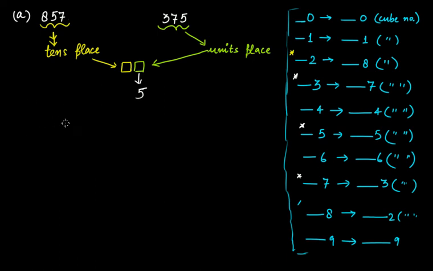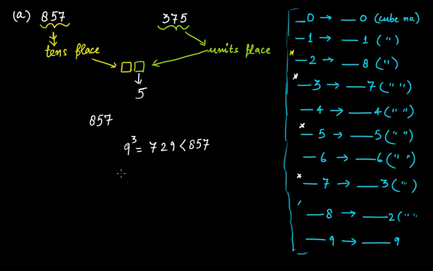Now let's talk about the tens place, that is, what will come at the tens place. This is 857, right? Now tell me, what is 9 cubed? 9 cubed is 729, right? 729 is less than 857.